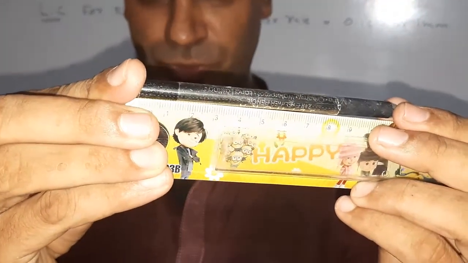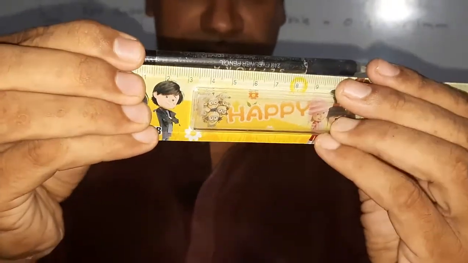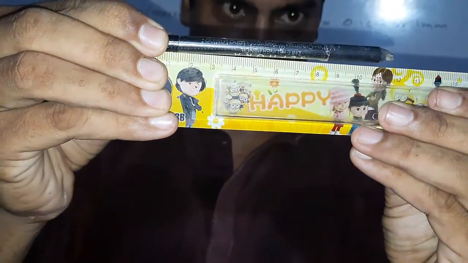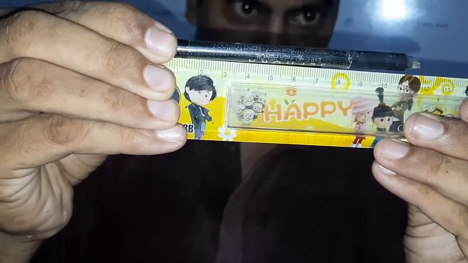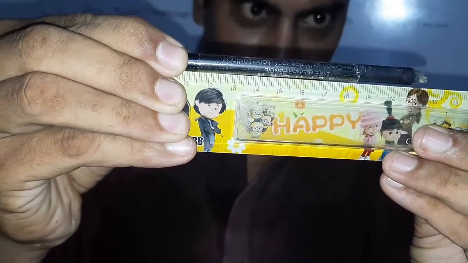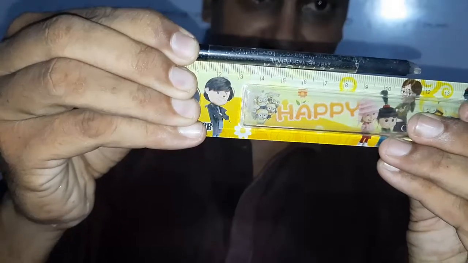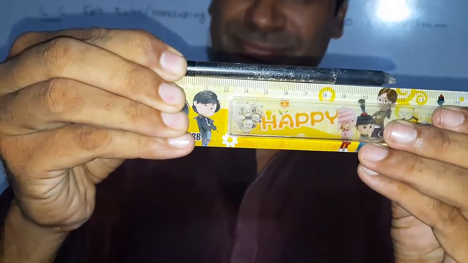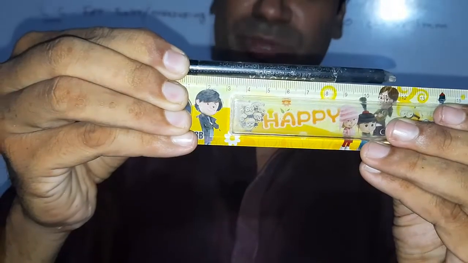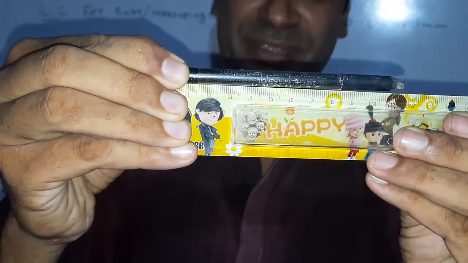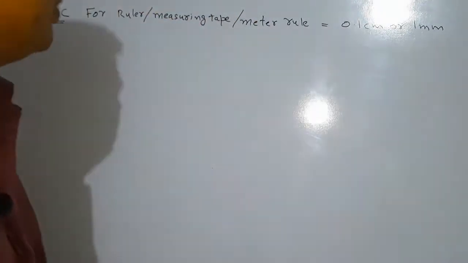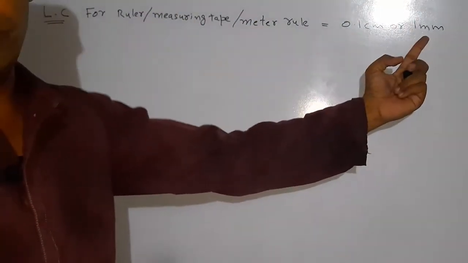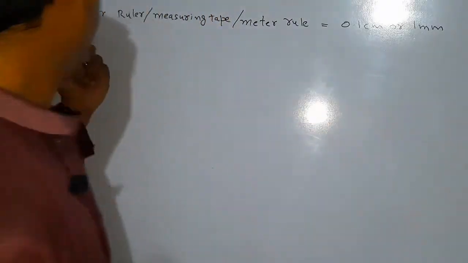This is 0, we have set it to 0, and the end is coming between 11.3 and 11.4. So the maximum possible error we have is 0.1 centimeter. This is the uncertainty present in it. The maximum possible uncertainty is equal to 0.1 centimeter or 1 millimeter. We call it absolute uncertainty.